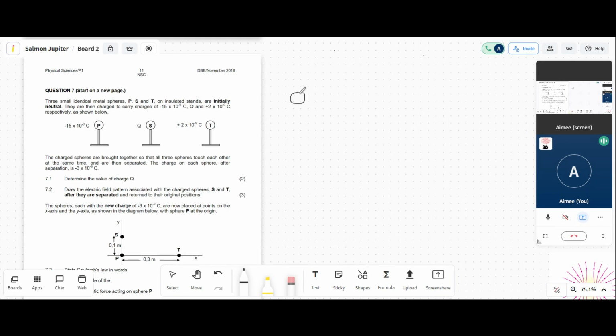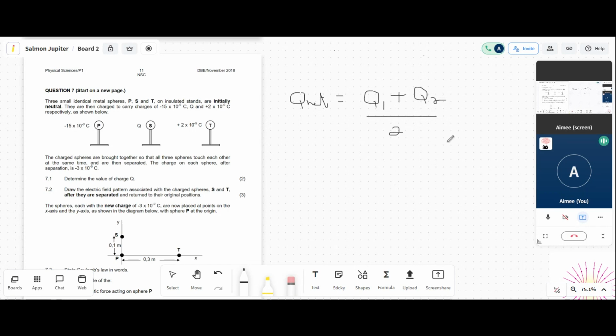It goes Q net. Usually you work with only two spheres. So maybe the formula looks more familiar to you as Q1 plus Q2 over 2. But it's actually over the number of charged objects you have.